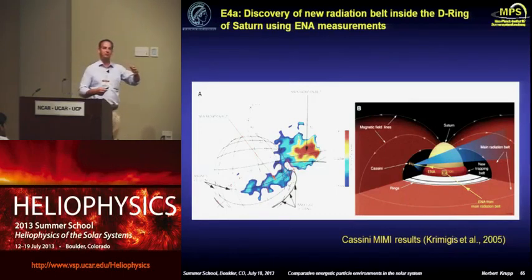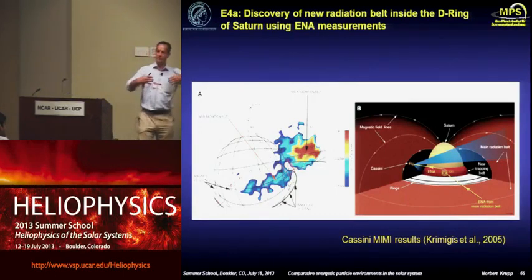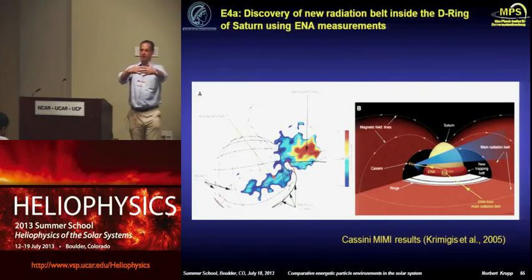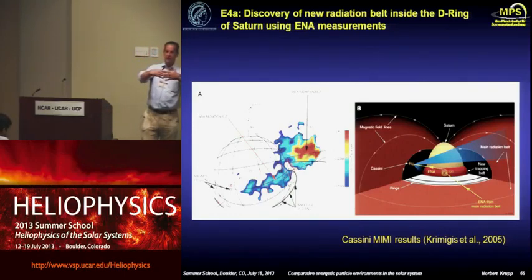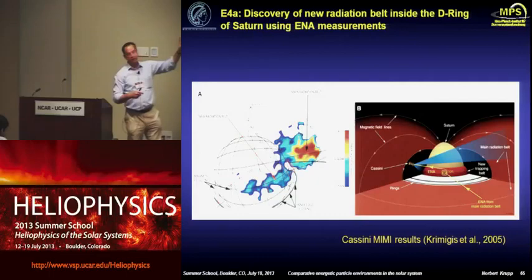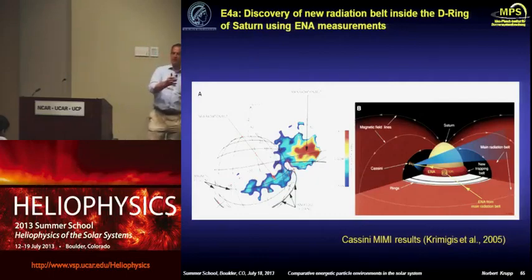Before, we couldn't see that because all the radiation belts were always in the field of view of the ENA camera, and most of the ENAs we saw were coming from this interaction between the neutral cloud and the charged particle population. But during the insertion orbit, we were inside this major radiation belt.